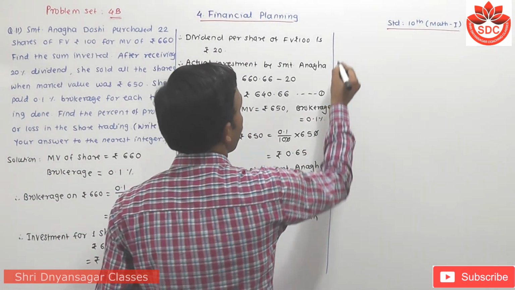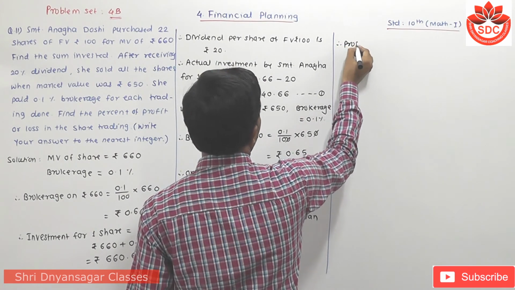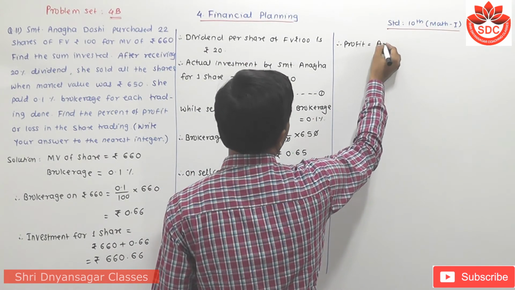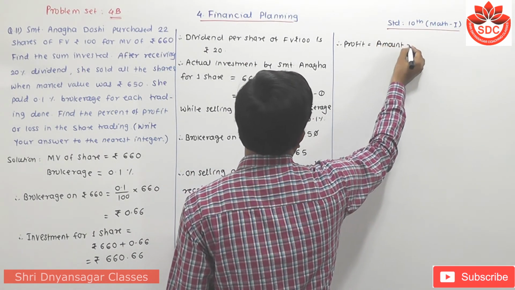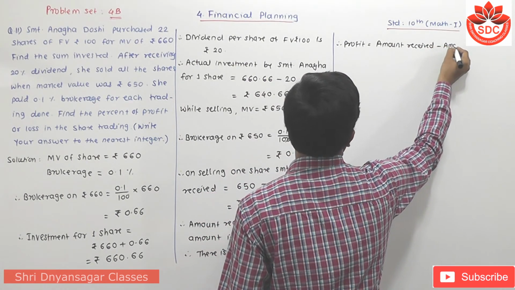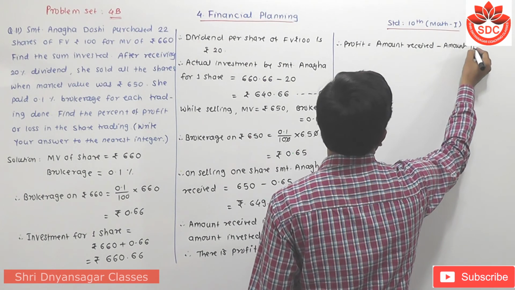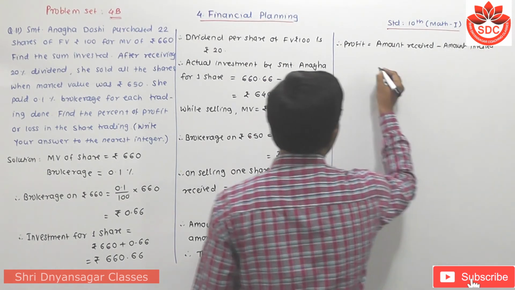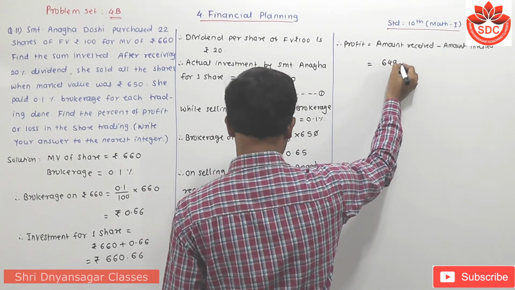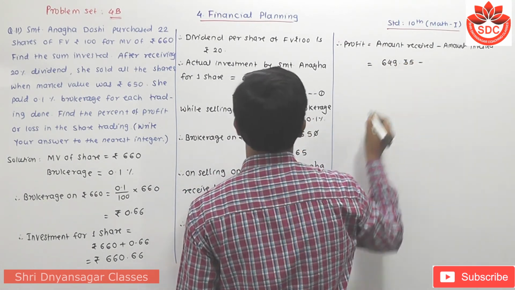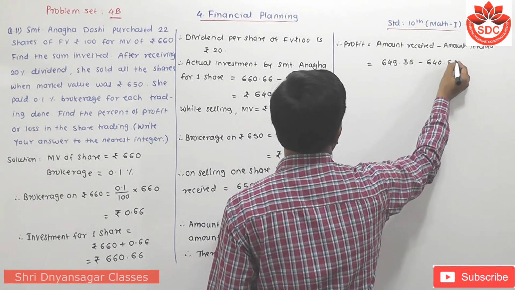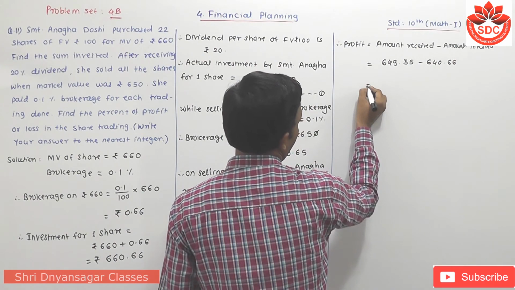Therefore profit is equal to amount received minus amount invested. This amount received is 649.35 minus this one, 640.66. We have to subtract this.